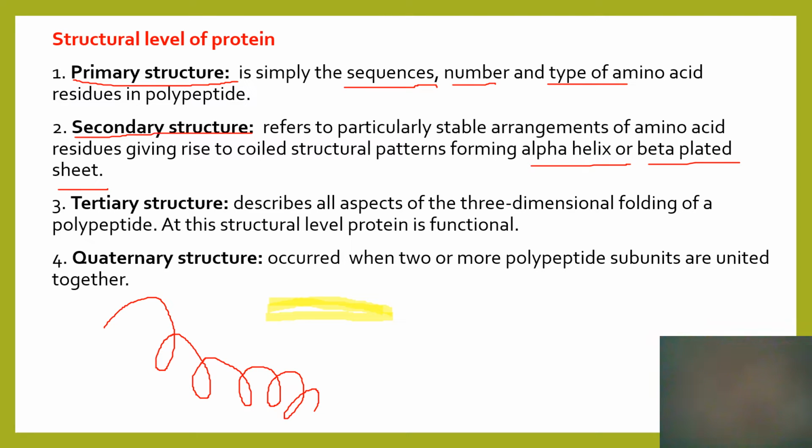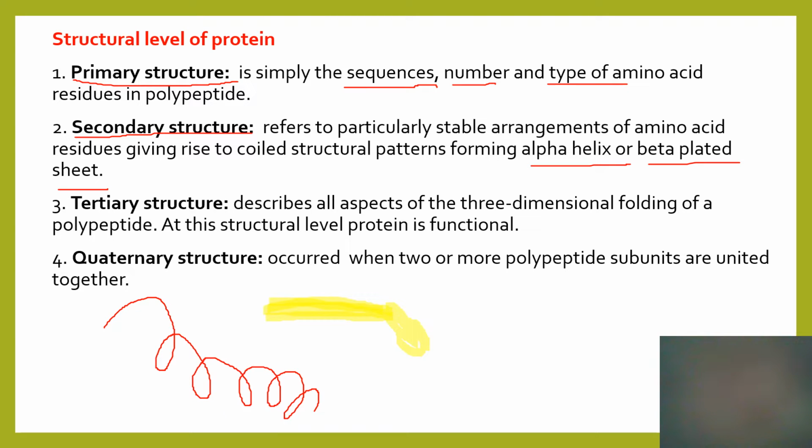At this stage, the protein molecule is still not a functional protein. Therefore, it must pass to the tertiary structure. In tertiary structure, further such reactions or bonds, such as hydrogen bond, ionic bond, hydrophobic interaction, van der Waals force, will be carried out.